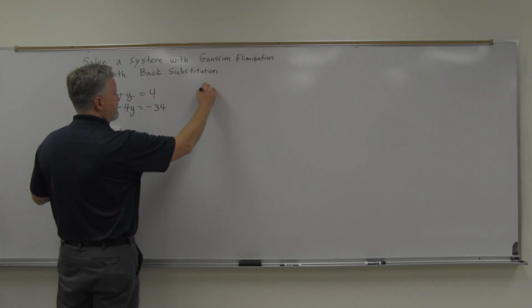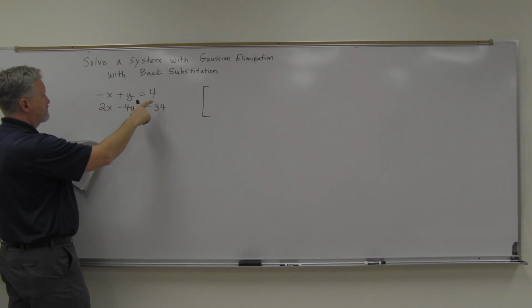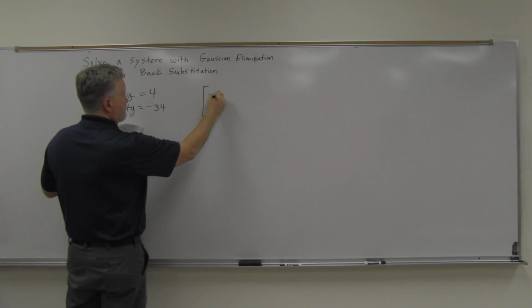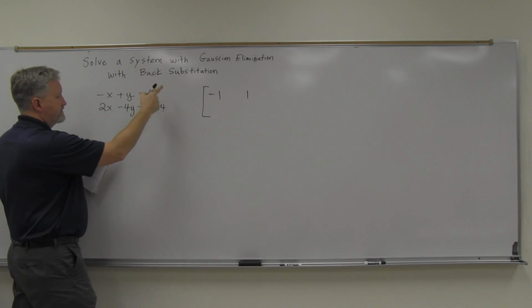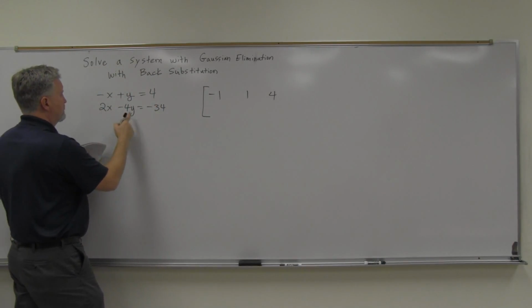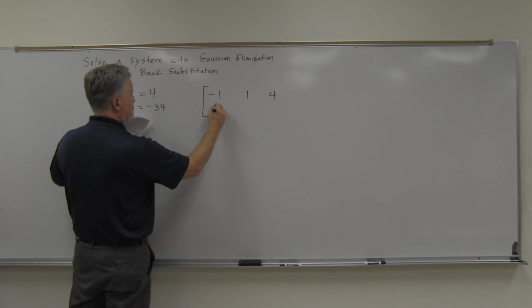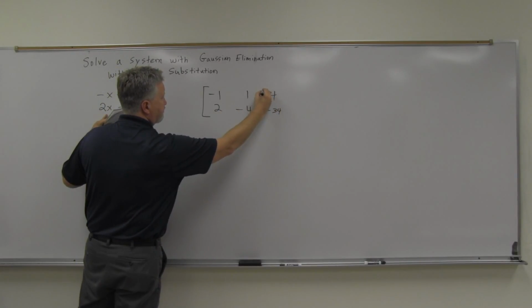Of course, like I said, we're going to use the matrix alternative here. Just use the coefficients of your variables and then the constant, of course. And so that would be the top line, and the bottom line would be 2, negative 4, and negative 34, right?